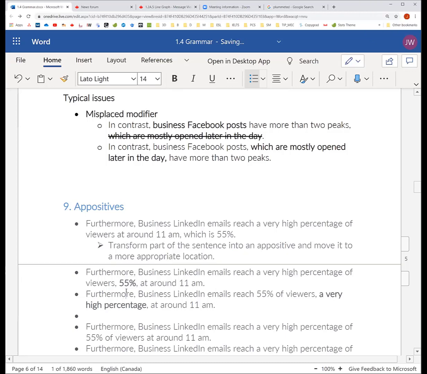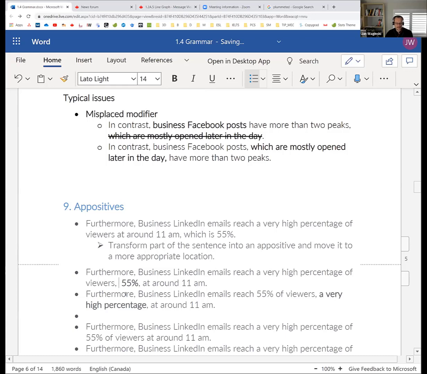Same as before, which is 55. Well, usually we write which is 55%. But if you use a relative clause here, it sounds awkward, because a very high percentage of viewers and 55% are exactly the same thing in this construction.